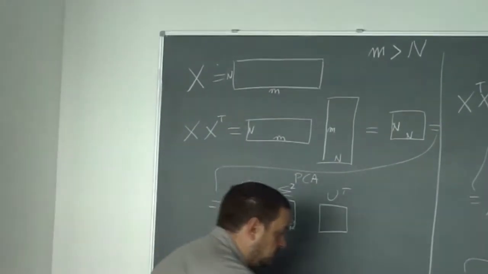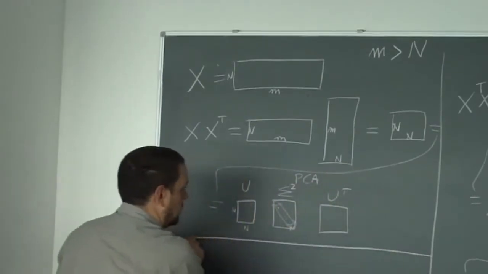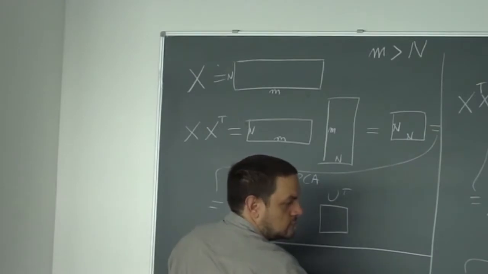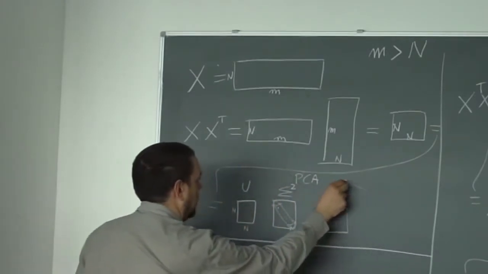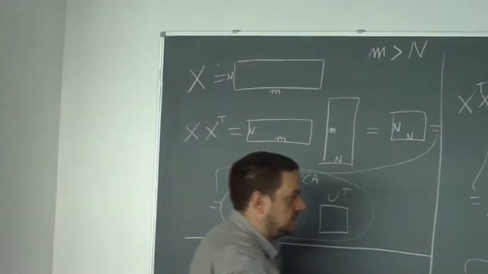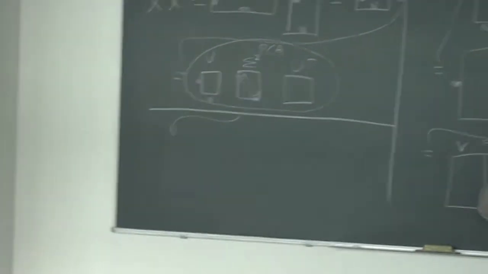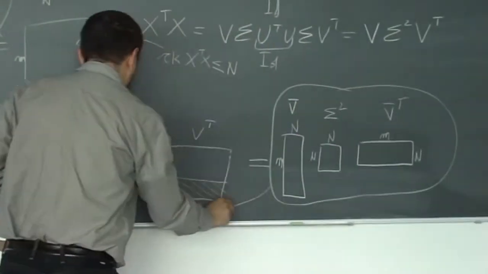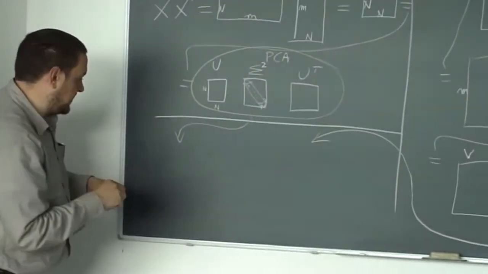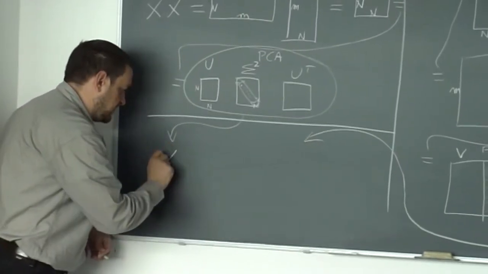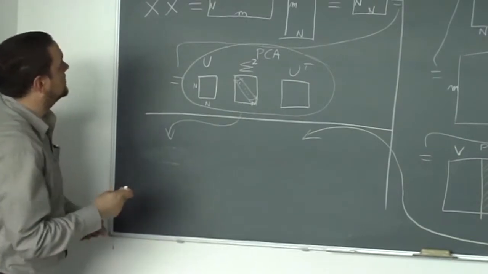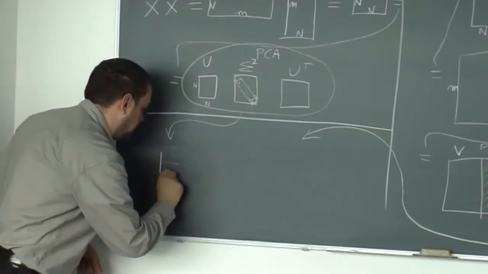But at the end, by taking this PCA decomposition and this PCA decomposition, we get that X is equal, so let's actually draw the matrix.